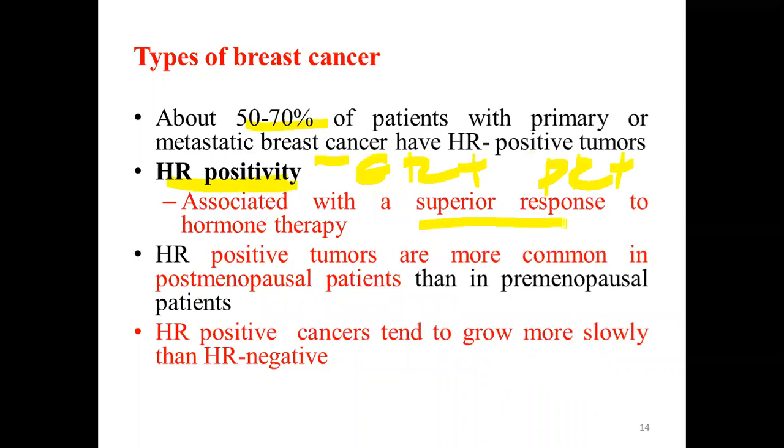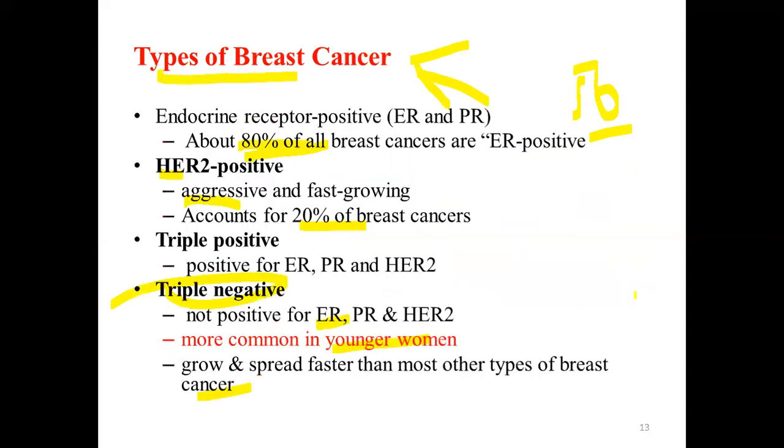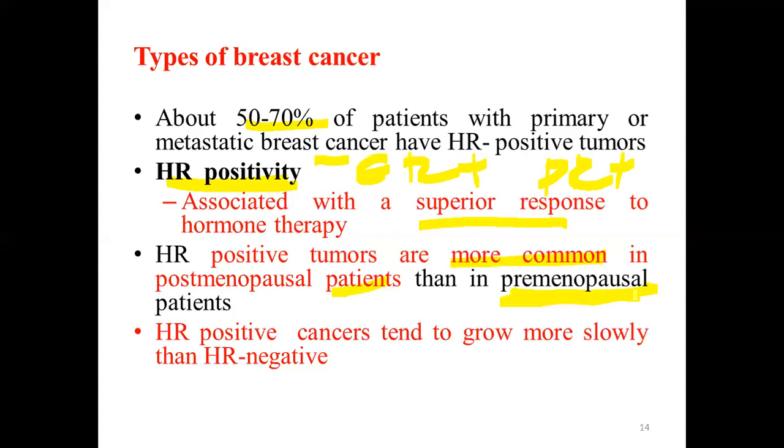But HR positive tumors are very common in postmenopausal patients rather than premenopausal women. You have to know this, because most premenopausal women usually have what? They usually have the triple negative type of breast cancer.